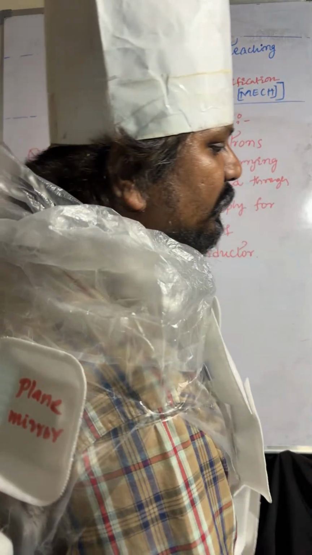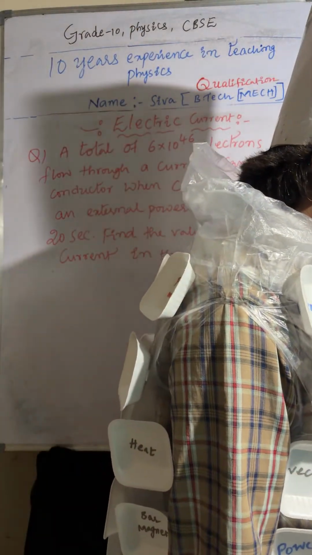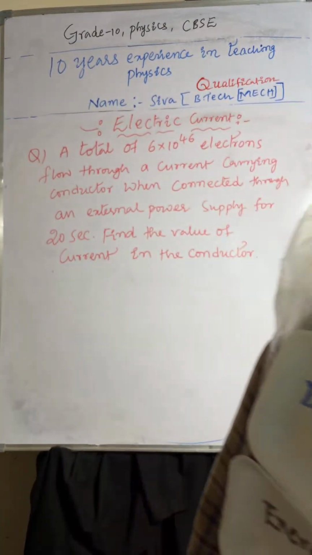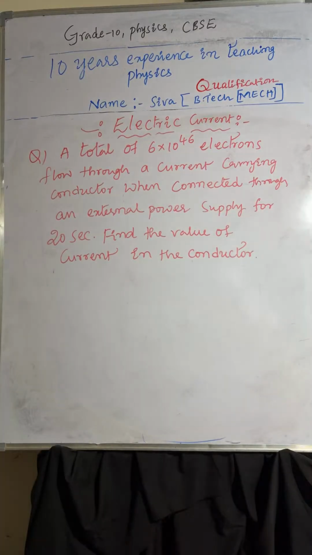Identify the given data. First identify the given data, then you can use the suitable formula. A total of 6 into 10 power 46 electrons flows through a current carrying conductor when connected through an external power supply for 20 seconds.